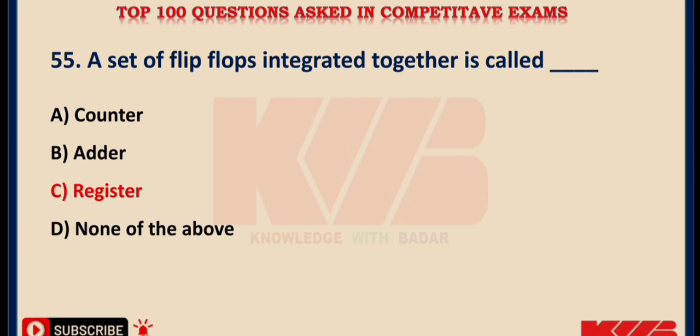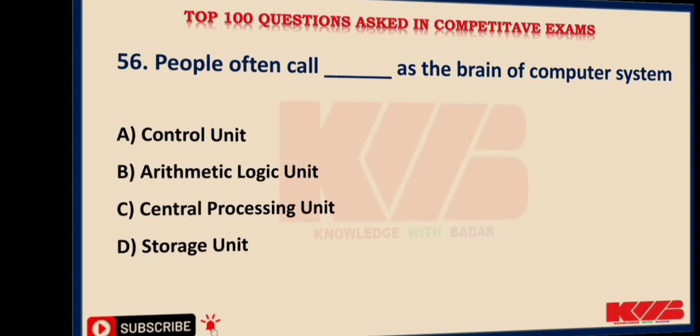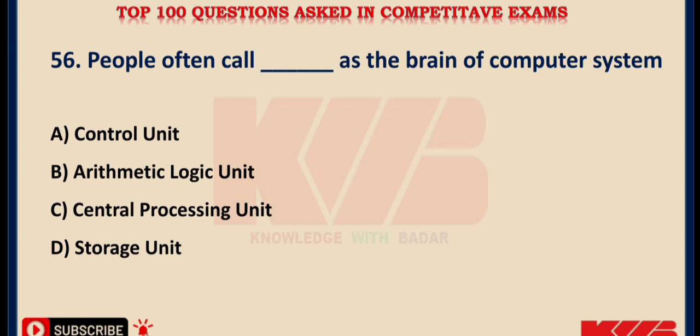And the correct answer is register. People often call dash as the brain of computer system: control unit, arithmetic logic unit, central processing unit, or the storage unit. And it is called the central processing unit.